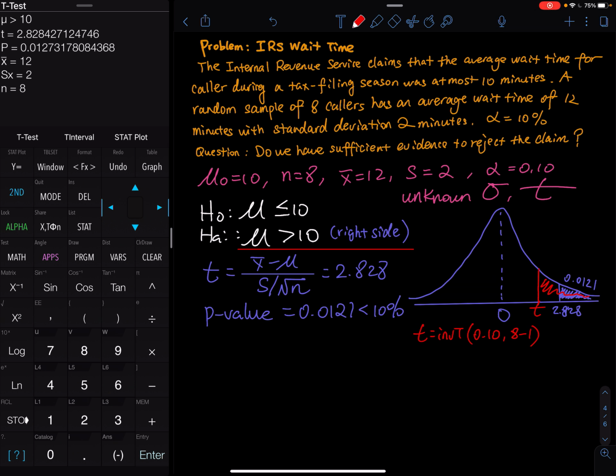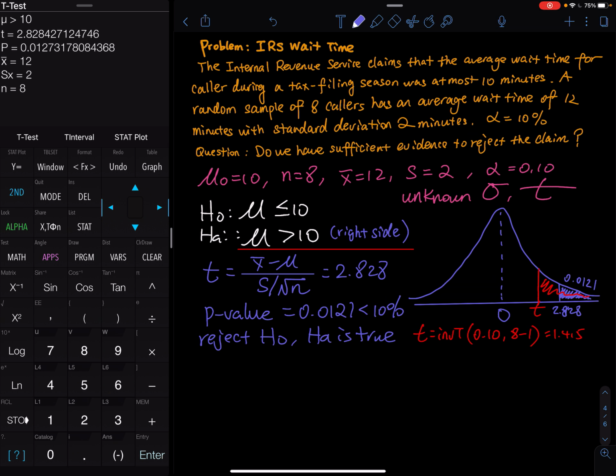So let me see what that equals to. 10%, and then the degree of freedom is equal to 7. So that is around positive 1.415. And then this is less than your test statistic. And then since your test statistic is inside the rejection region, then you reject the null hypothesis. So back to the business, we have to reject H naught. So we reject H naught, then HA is true.